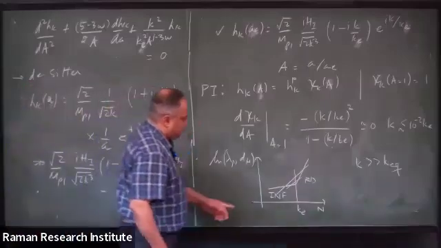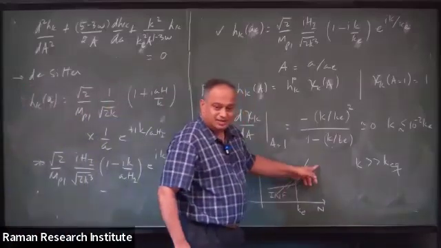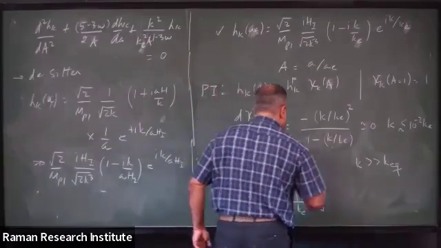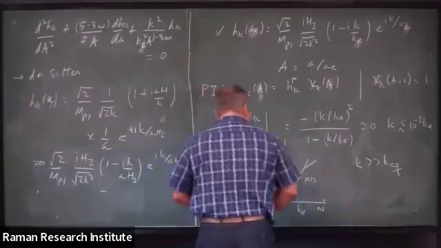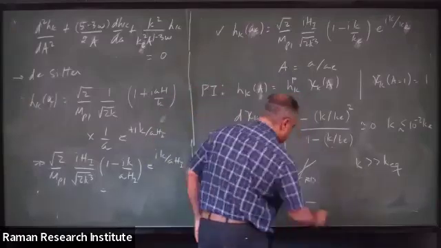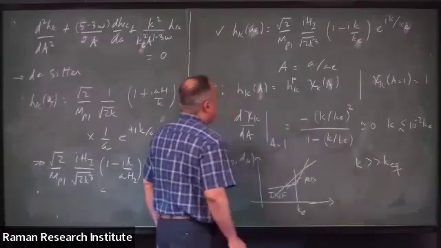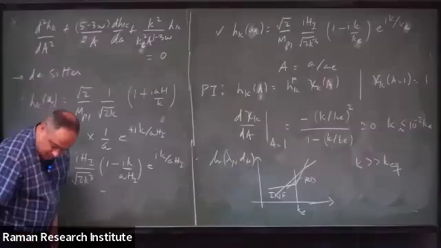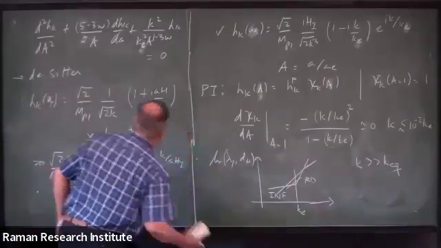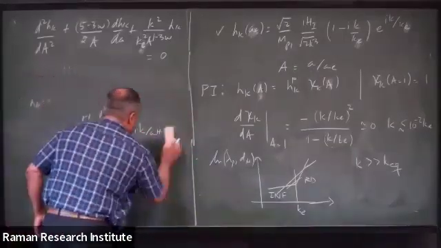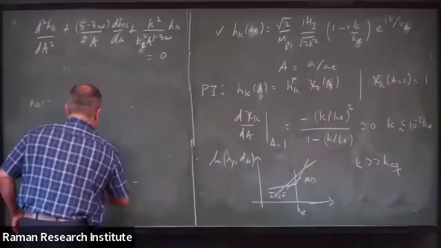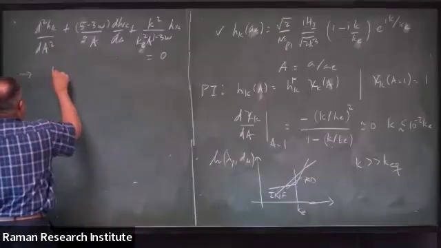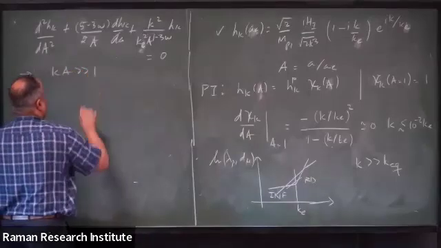And what I'm going to do is that these modes are going to re-enter the Hubble radius at some point in time, right? And I'm going to evaluate the spectrum at late times during radiation domination. I'll consider a scenario when k times A, capital A, is much greater than 1. Okay, so I can erase this. I know this solution, right? So I'm going to consider kA to be much, much greater than 1.